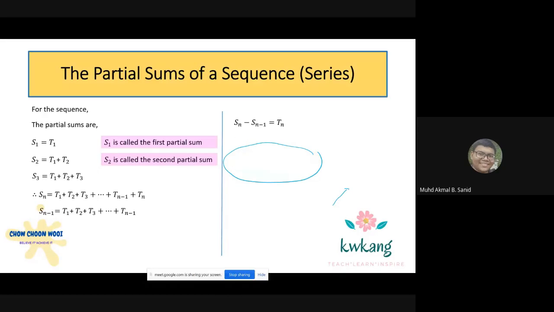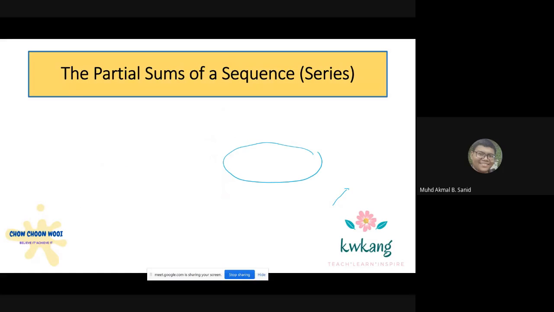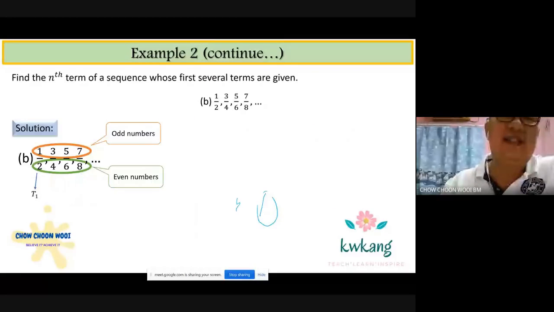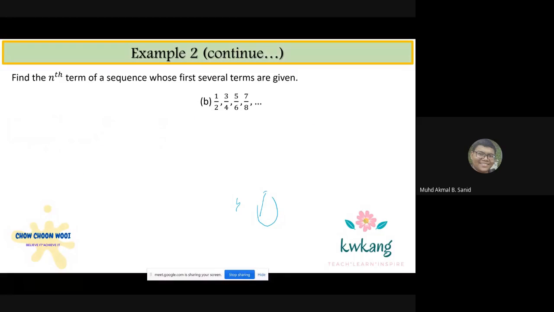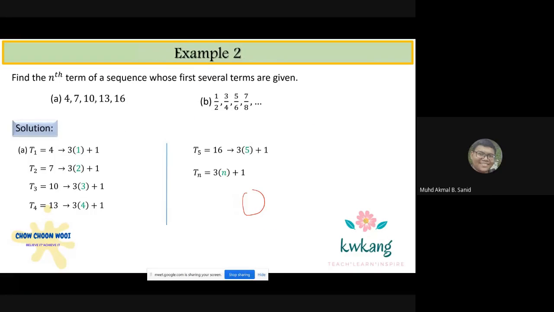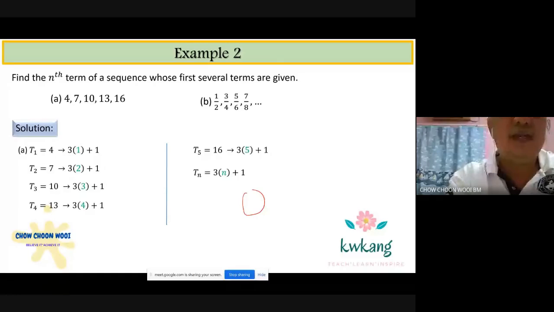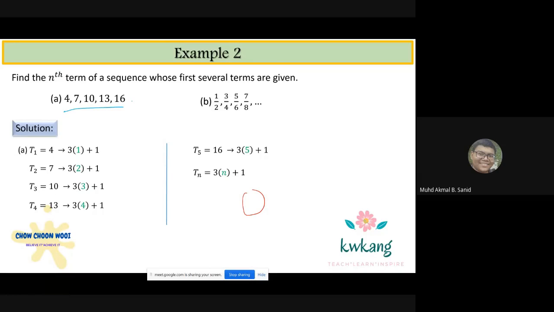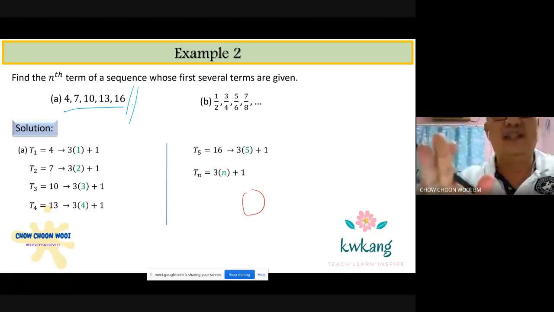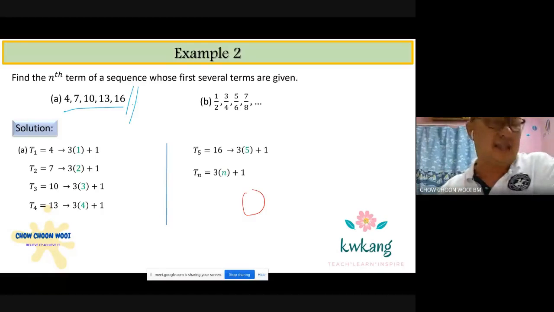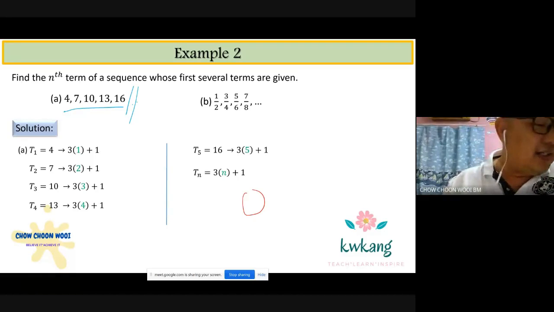Yang ni, dia berhenti. Dia stop. Kemudian yang ni, dia ada dot. Dia itu panggil tak terhingga.